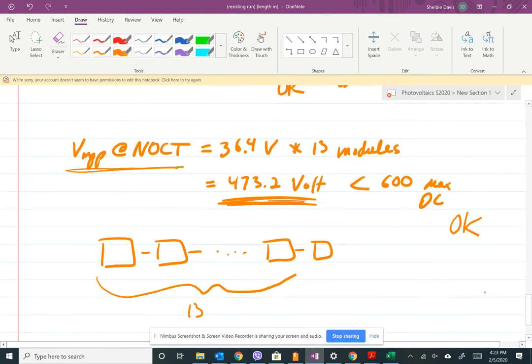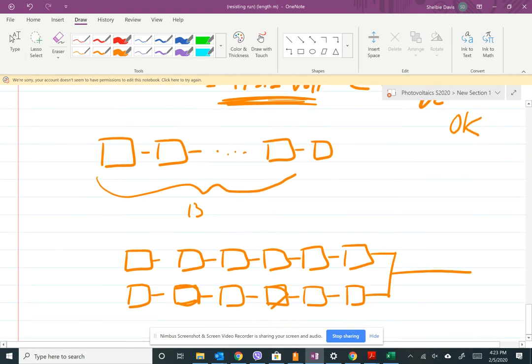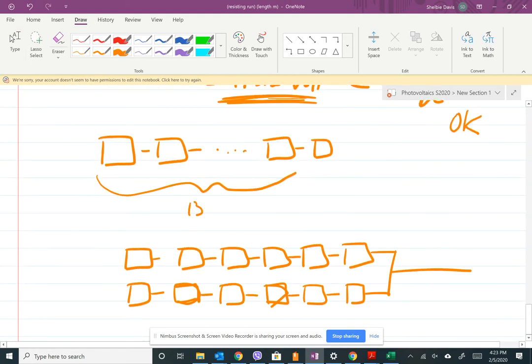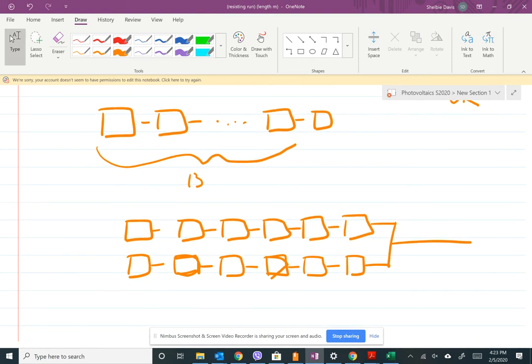All right. So let's keep going here. Now, we need to check for low voltage. So low voltage, when would that happen? When it's dark. Yeah, 0. So other than when it's dark, when it's really warm, right?